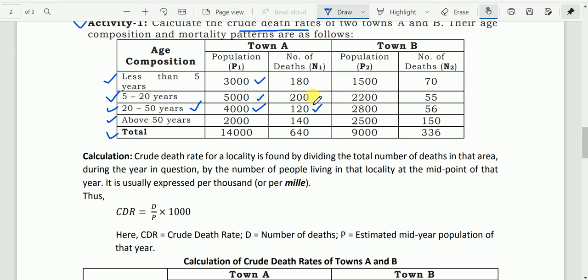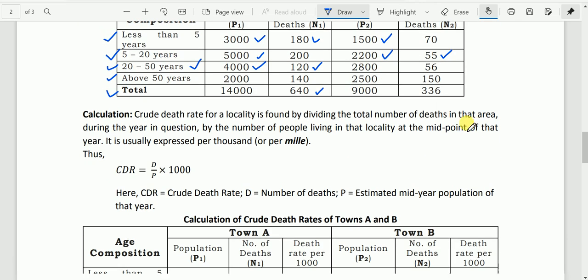For less than 5 years, 180, and so on. This is the total value for town A. And for town B also, these are the populations for the different age groups. For example, for the age group 5 to 20 years, we have a population of 2,200 persons, and the number of deaths is 55.